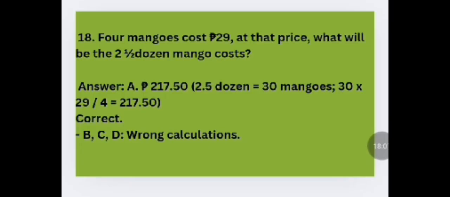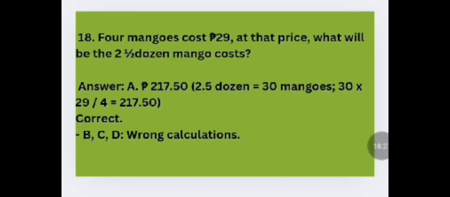So 30 is the 1 dozen of mangoes times 29 over 4, where 29 is the price of 4 mangoes. So the answer would be 217.50.